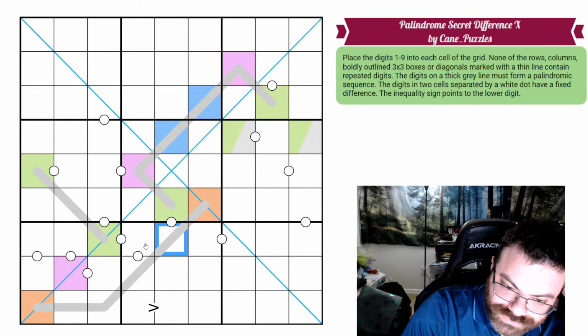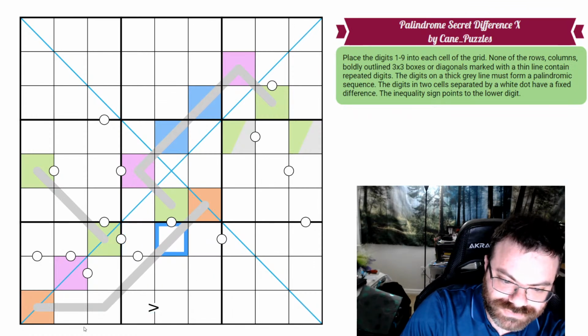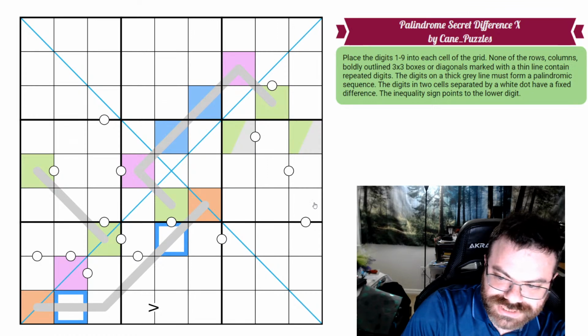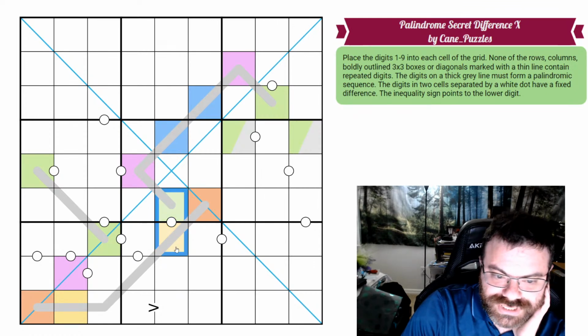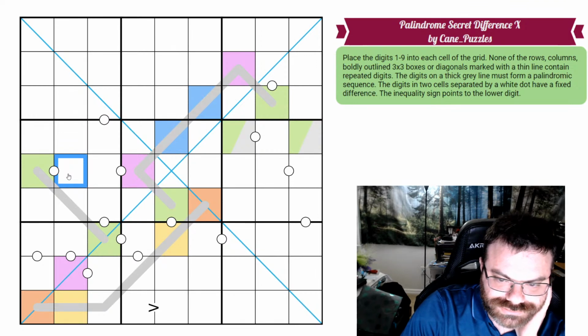I don't know if I can prove whether it's purple or not. Oh, but it's duplicated here, so it's not purple. So this is another digit entirely. Let's make it yellow. So yellow and green have that difference, but this is not yellow. So this is the other direction from green.